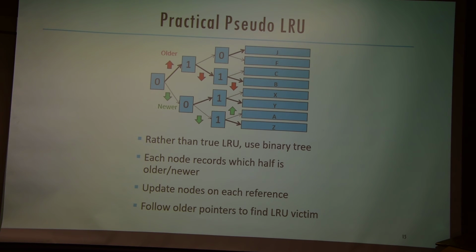So you don't have a complete ordering in a sense. But in this way you can have fast updates, and you can follow the older pointers. Oh no, you do find the least recently used victim. So this is an interesting way to do it.